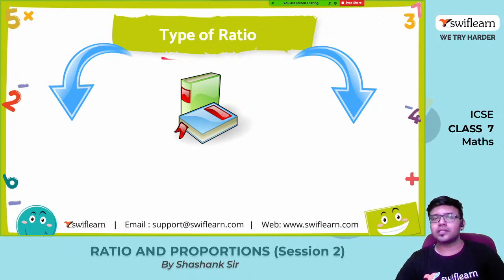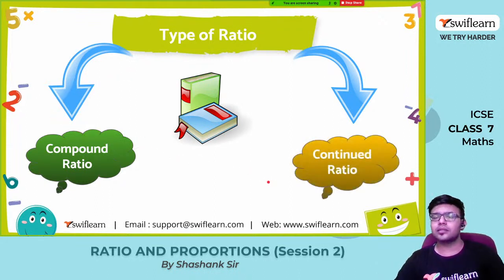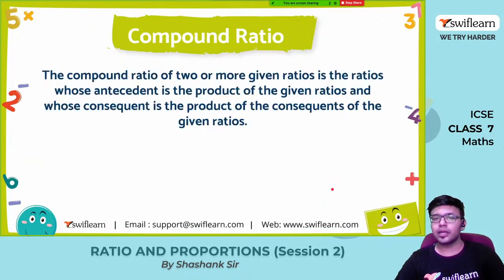Okay, so yes, types of ratio. There are two types of ratios. What are those two types? The first one is compound ratio, and the second one is continued ratio. So what are this compound ratio and continued ratio?